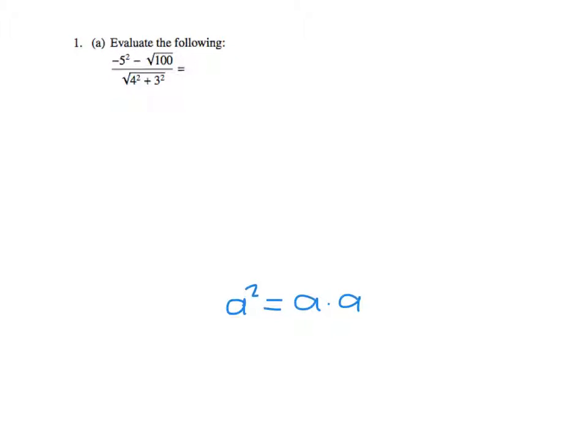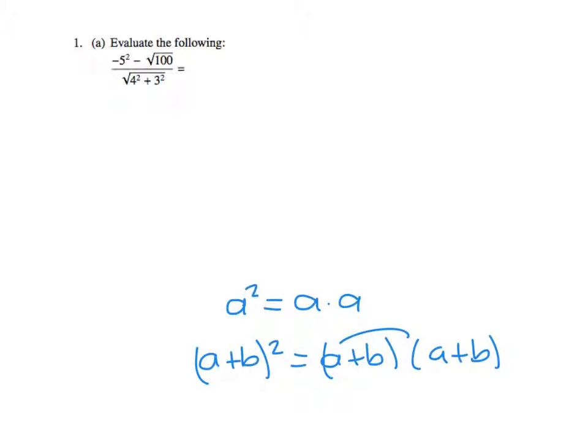So if I have like a plus b, and I have a parenthesis around it, well, this means a plus b times a plus b, right? And you have to multiply out and have 4 terms.